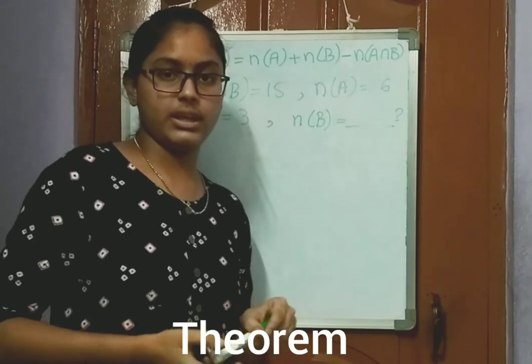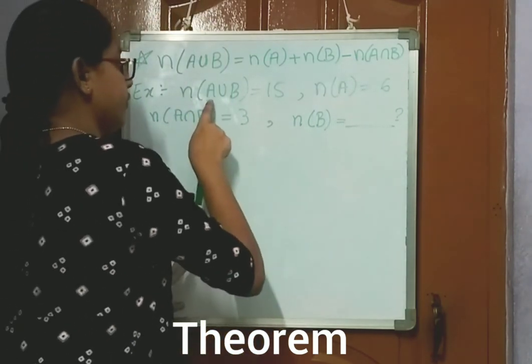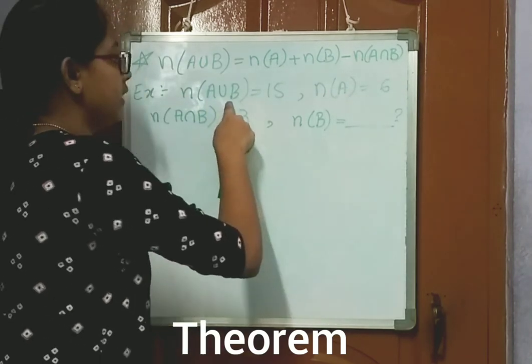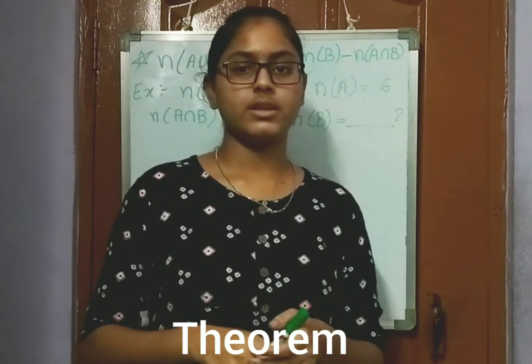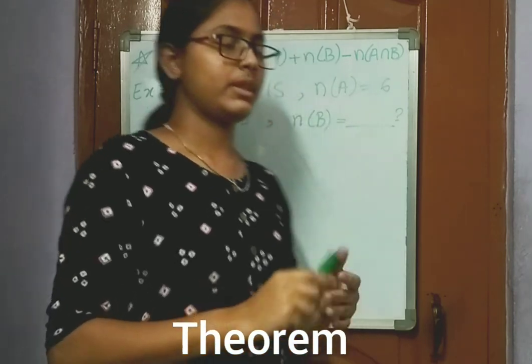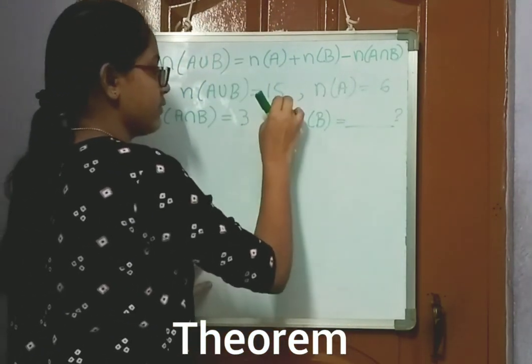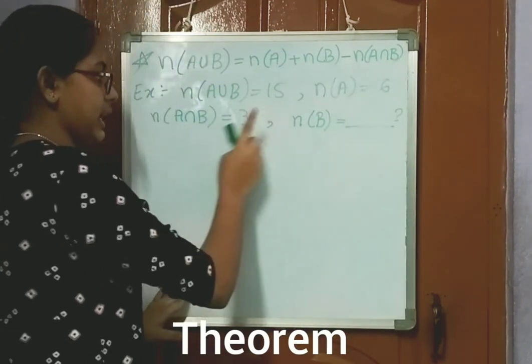Let's see another example based on the formula. We are given n of A union B as 15, n of A as 6 and n of A intersection B as 3.